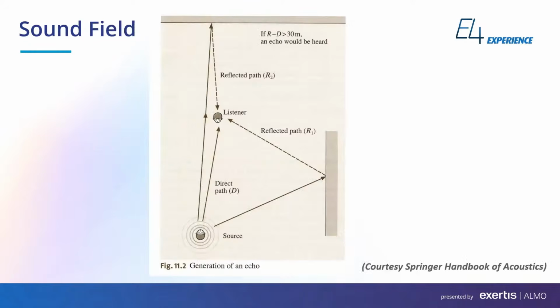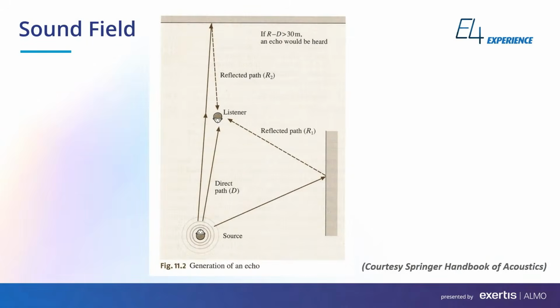I use this illustration a lot out of Springer Handbook of Acoustics to help people understand that, hey, the people in the room are not just listening to the direct sound from the loudspeaker or source. Right. It's bouncing off of all the surfaces in the room, and it's arriving at the listener at some point later in time than the direct sound. Well, a lot of times we just think of it as a foot a millisecond, as a rough guide.